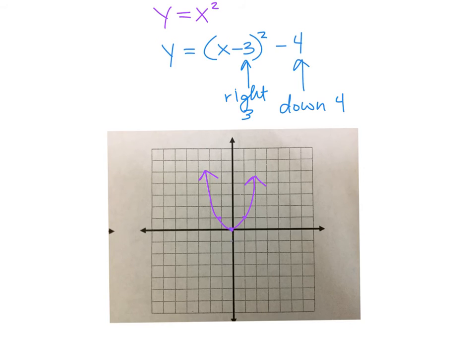Down 4, 1, 2, 3, 4. Puts me here, but that's not my point because I also need to move to the right 3. 1, 2, 3. This is my new point. Now I finish off so it looks just like my parent function. There's my other 2 points. That would be the graph of this.